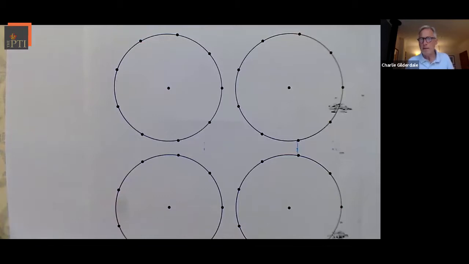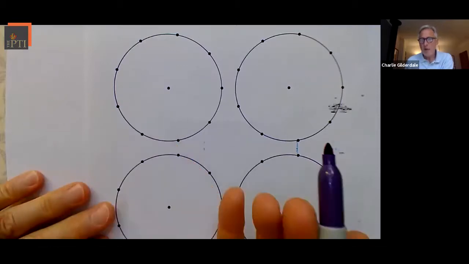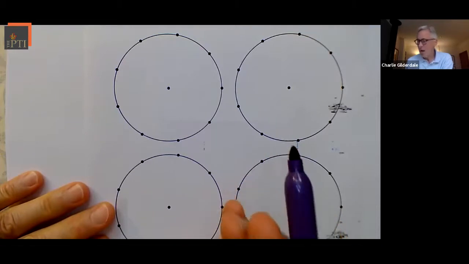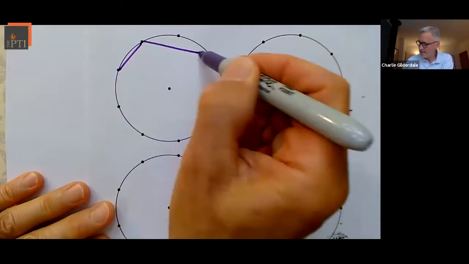We want the numbers to be as simple as possible. Okay, so we might ask students to draw a variety of quadrilaterals where the vertices are on the dots. So here we are, I could draw something like this.